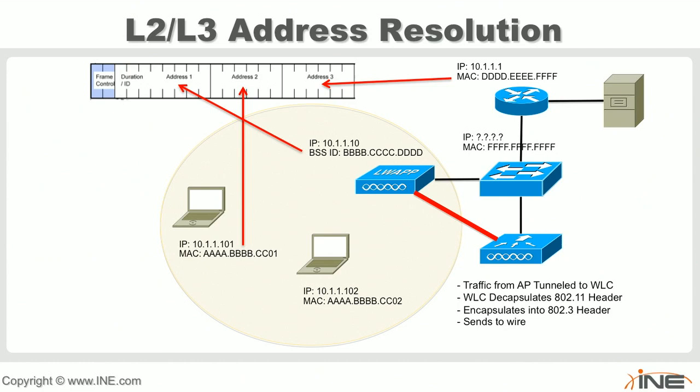It then decapsulates the 802.11 header, encapsulates the 802.3 header, tags on the 802.1Q VLAN ID based on the SSID that the traffic had come in on, and then it sends it out to the wire.